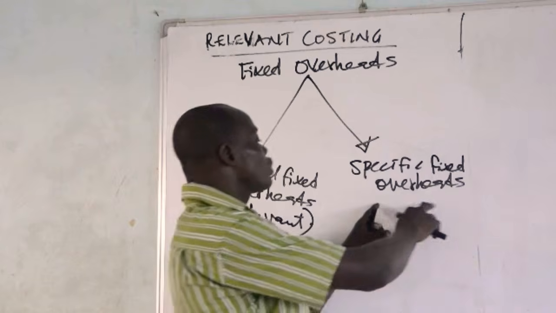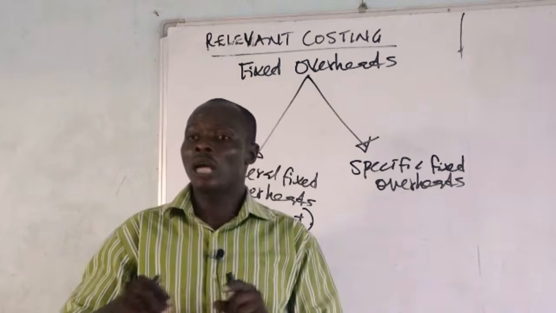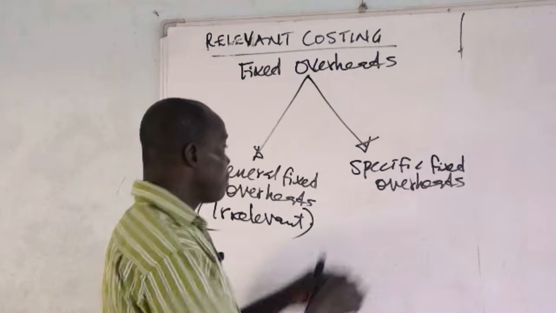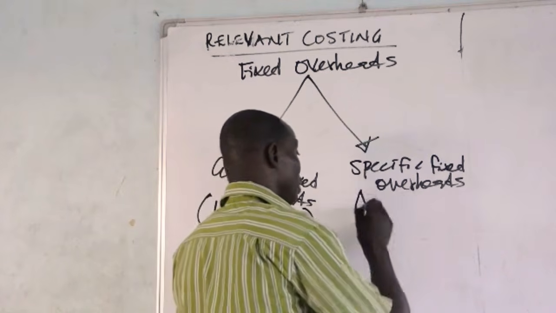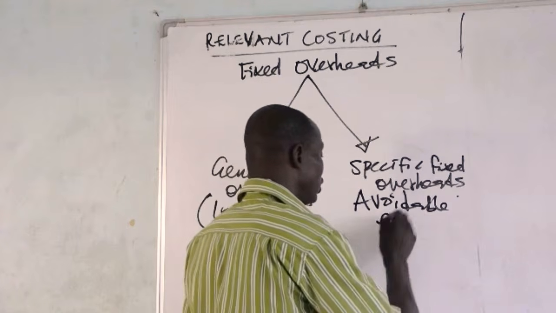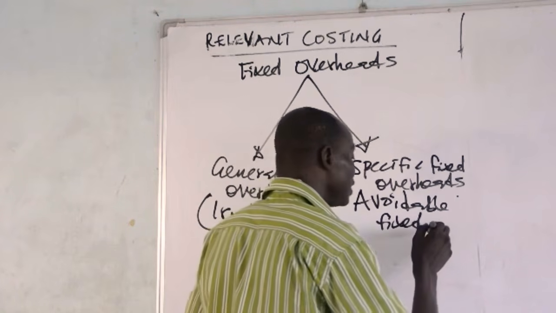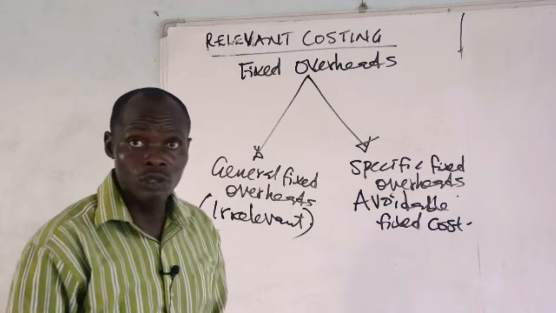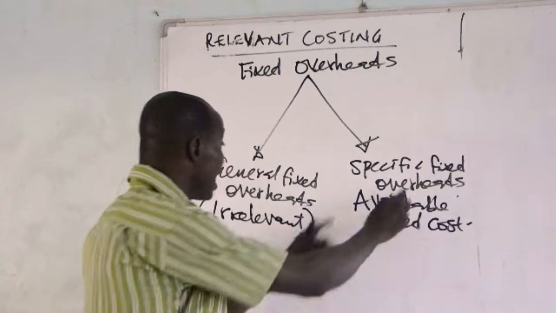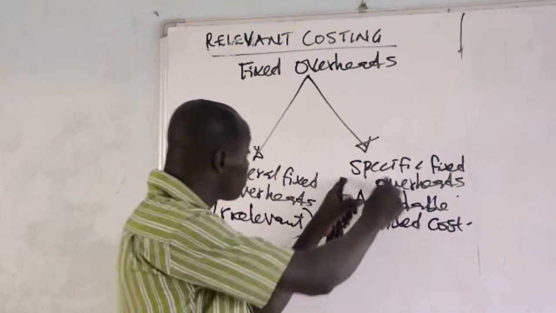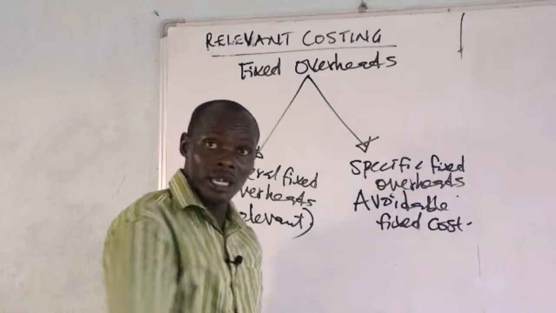If these projects are not to be carried out, such an amount of fixed costs will not have been incurred. That means you can avoid it. Avoidable fixed cost, you can use such a term for it. If you want to avoid it, that means you avoid the project too. If you don't want to carry out the project, this fixed cost will not be incurred. But the moment you want to carry out the project, this fixed cost will be incurred.